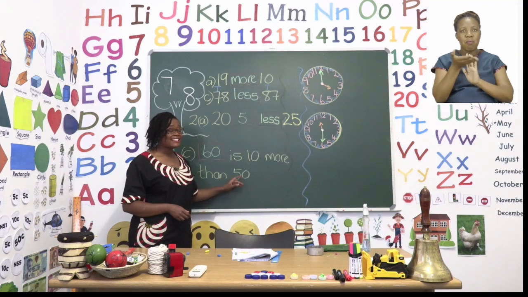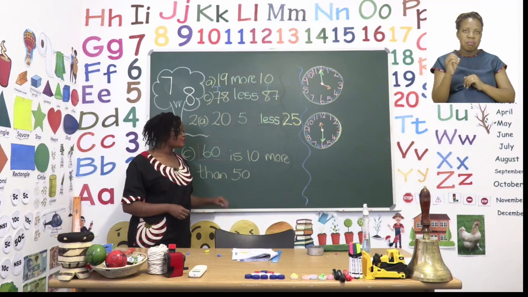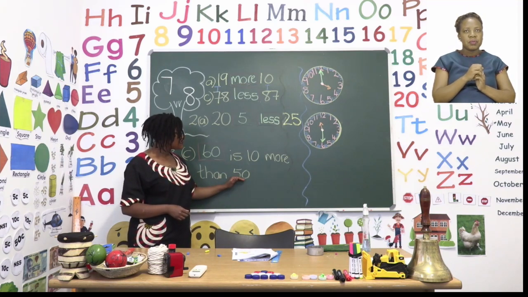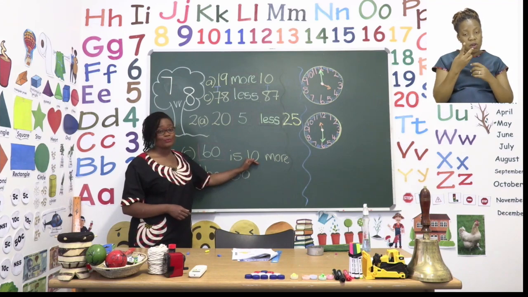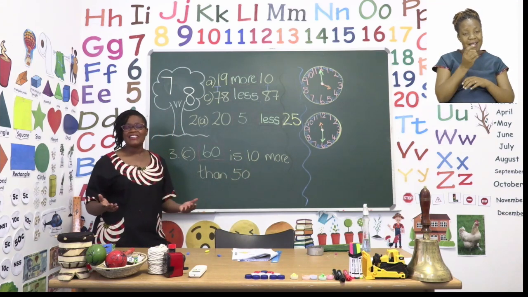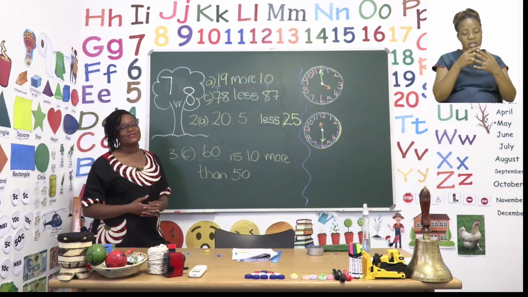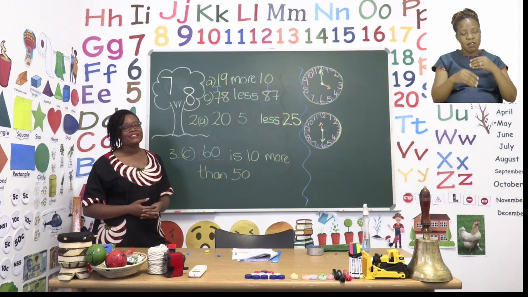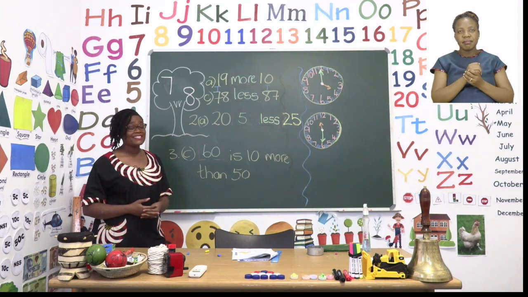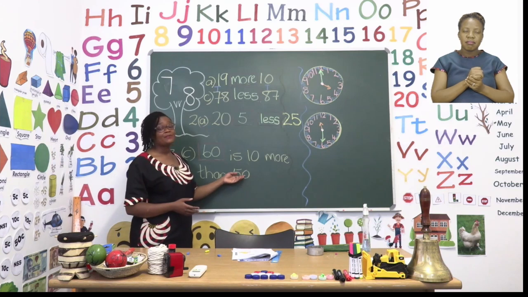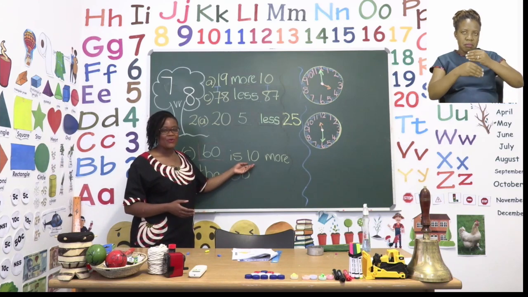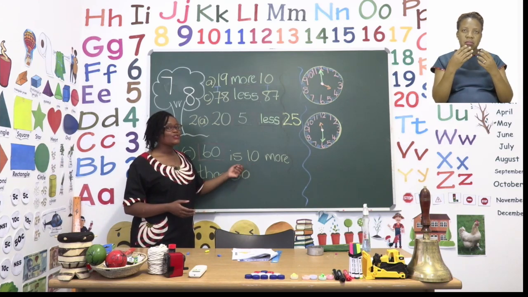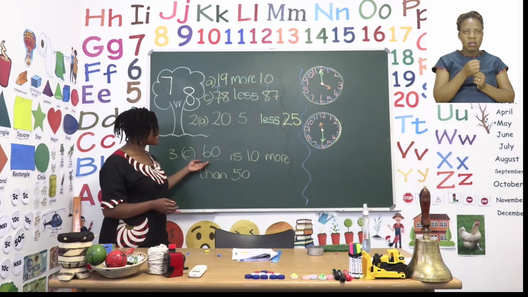So in order for us to get our answer, we need to count from 50, counting on 10 more. Now we can use our fingers, we can use our counters, we can even use our number line. But we definitely know that if we have 50 and we add 10 more, that is a decade number. So that means it is 60.